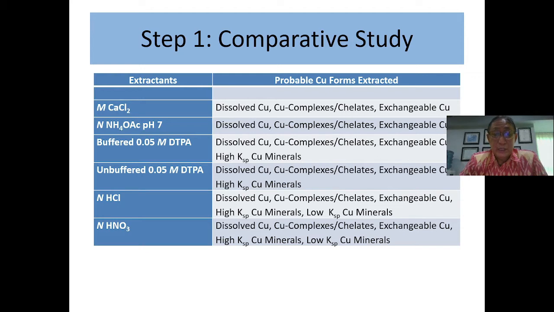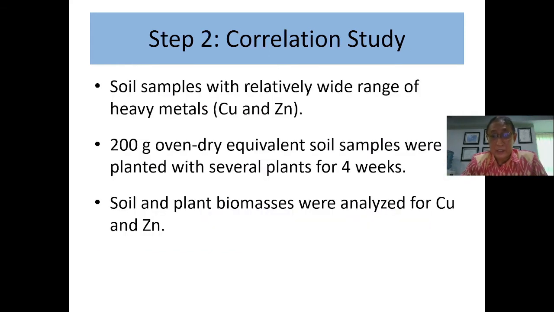In step one, we use six different chemical extractants that include calcium chloride, ammonium acetate, DTPA, and also the stronger extractants, hydrochloric acid and nitric acid.